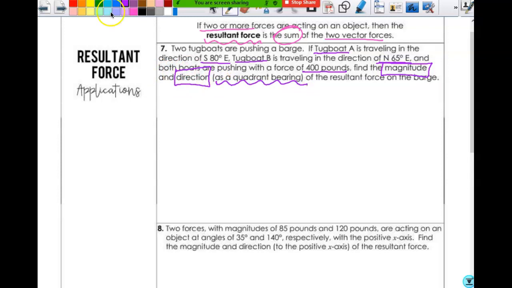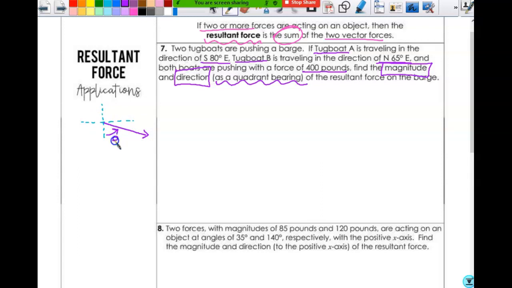So let's look at our vectors first. For tugboat A, so we'll have vector A and vector B since we have tugboat A and tugboat B. Tugboat A is going south 80 degrees east. So something like this.